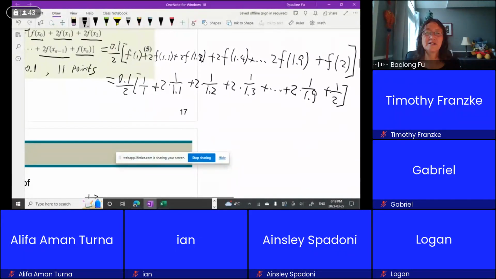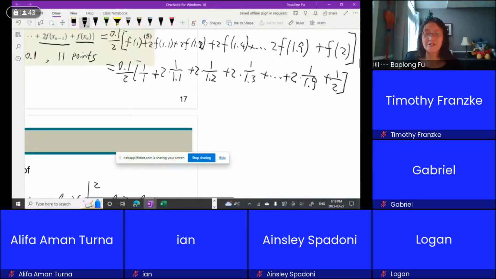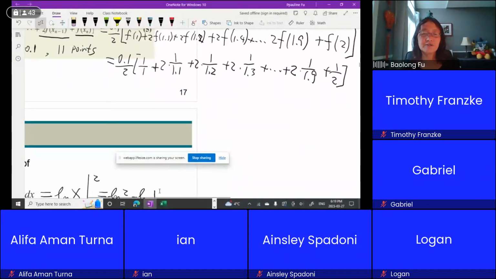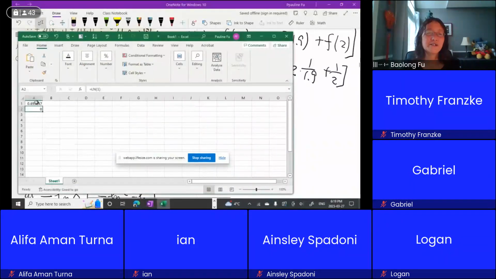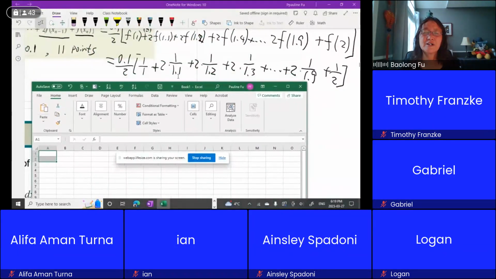And now you have to calculate this. Usually I will use Excel to do this calculation. Because I noticed there are some patterns, 1.1, 1.2, 1.3, it is actually 1.0 here. Did you see 1.0 here?